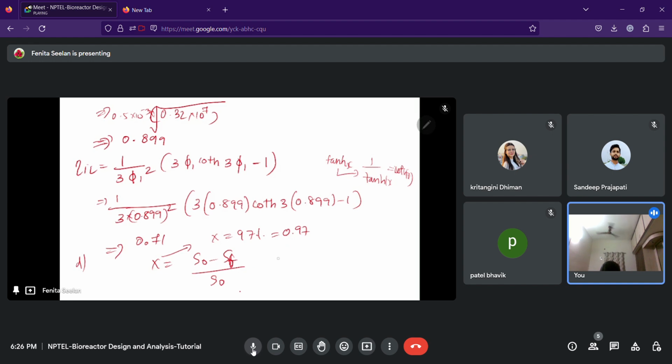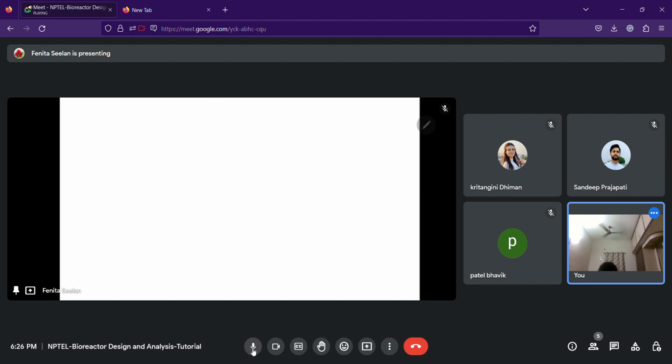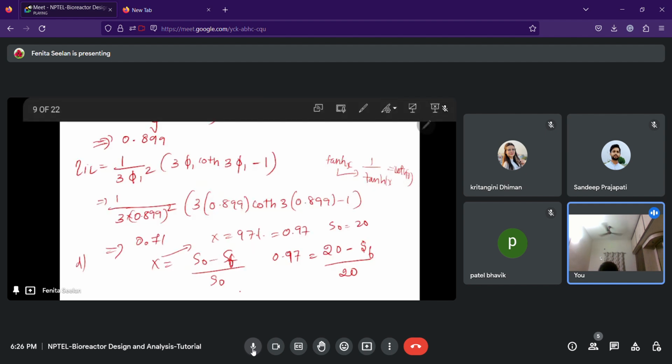So if I substitute this, 0.97 is equal to, your S naught is 20, 20 minus S, divided by 20.